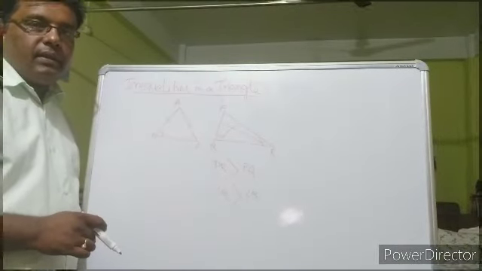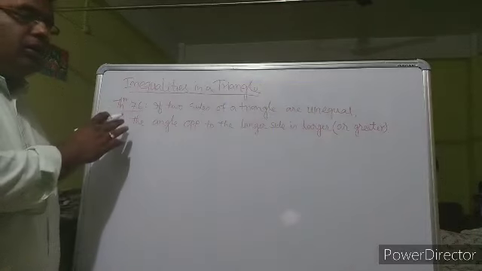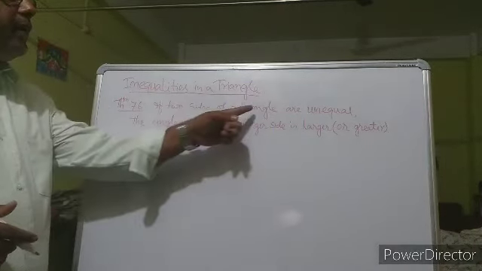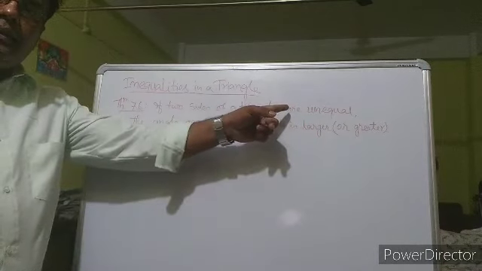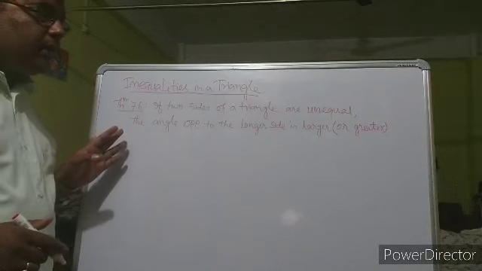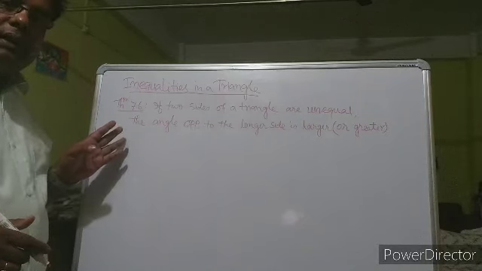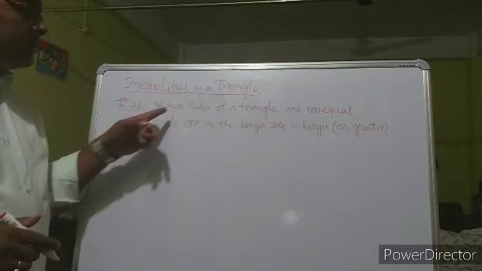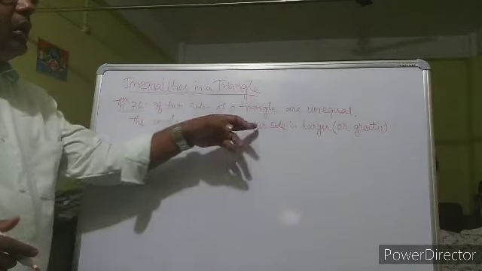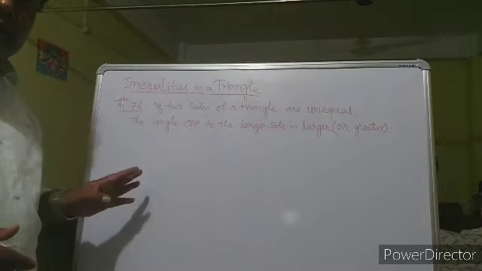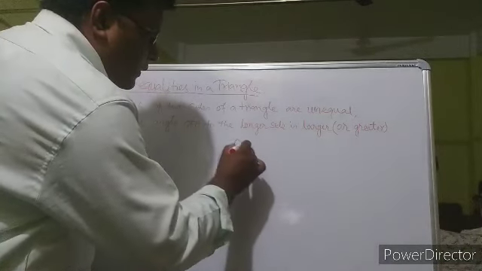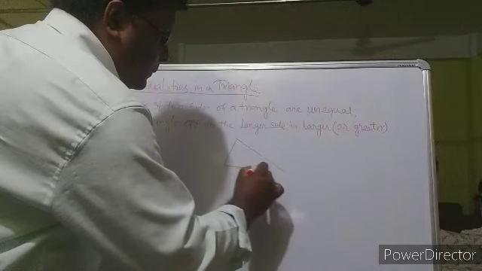So let's see the theorem. This is theorem 7.6. If two sides of a triangle are unequal, that is, not isosceles or equilateral, the angle opposite to the longer side is larger. We have already discussed this.